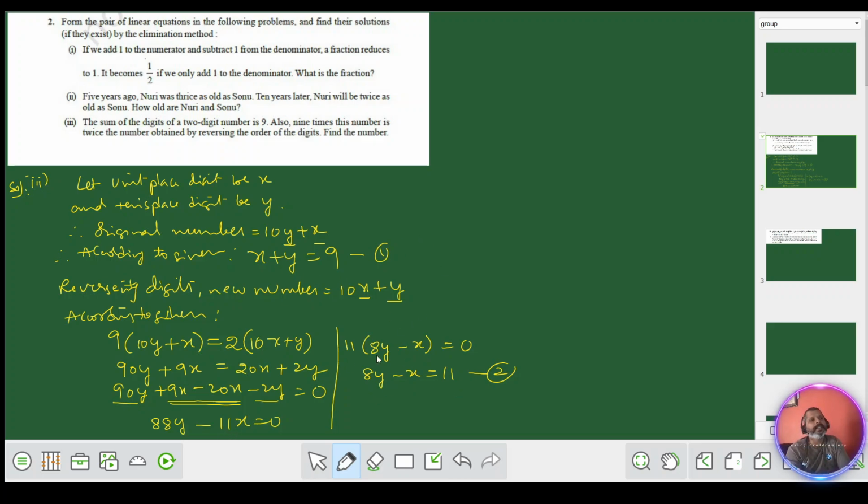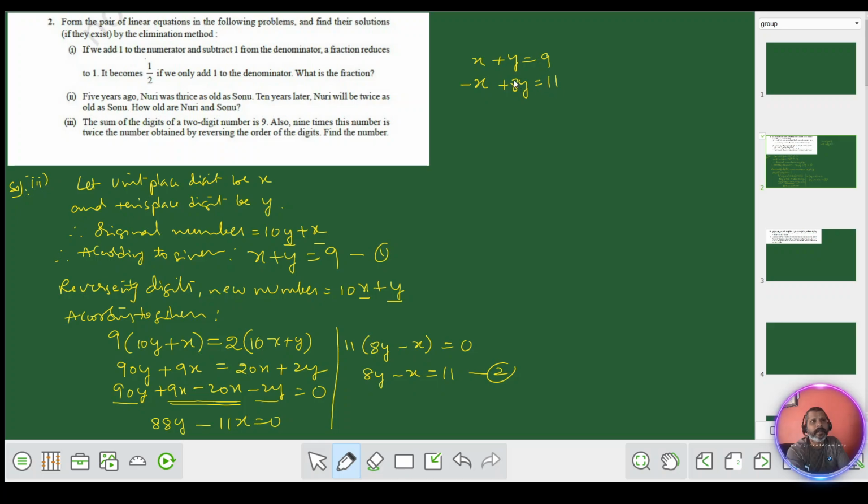Now if you observe the first and second equation, x is a variable having the same coefficient. We can just manipulate by adding or subtracting the equations we obtained. The first equation is x plus y is 9. The second equation is 8y minus x. When you write the equations, make sure the like terms are one below the other. So x in the second equation is minus x, and 8y is plus 8y.